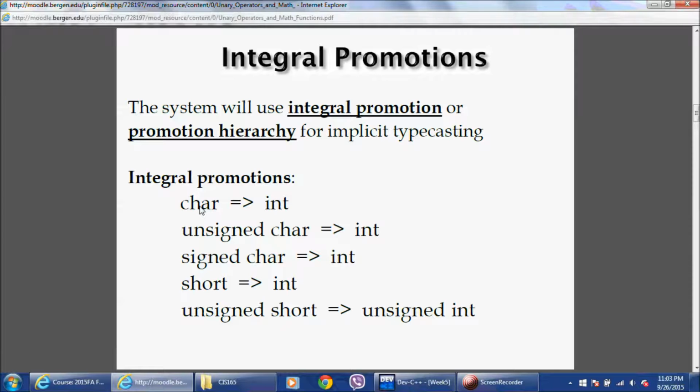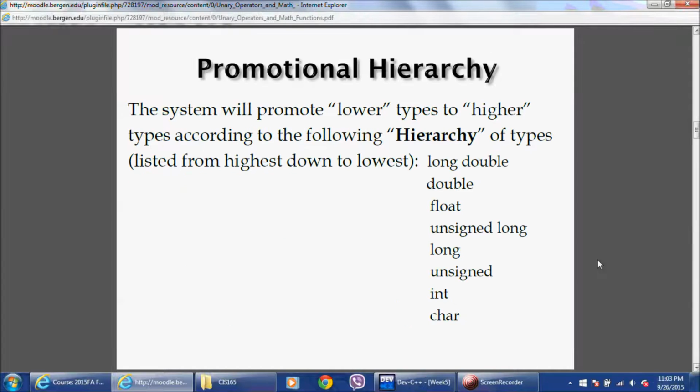Okay? If I go on the next slide, you see that an int is lower than a double. So what happens is the double rules in the land of data types.